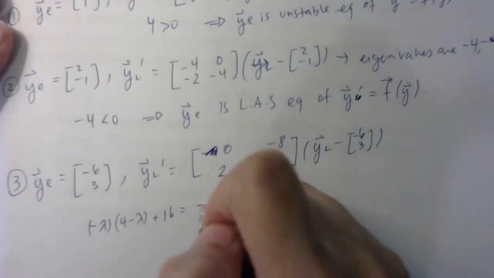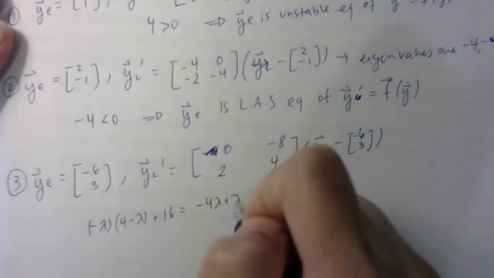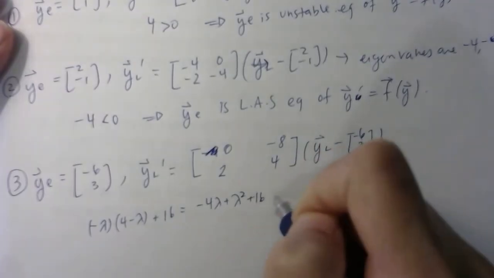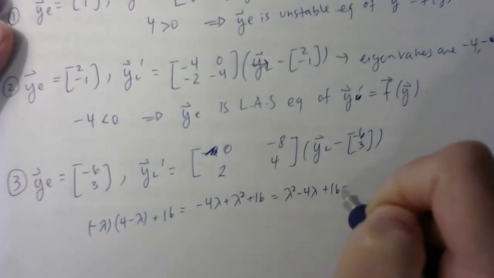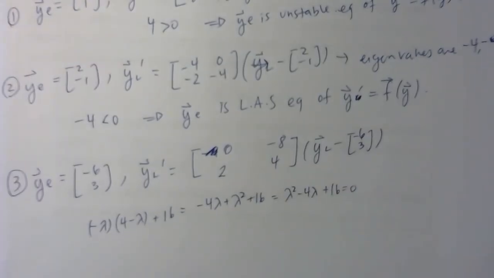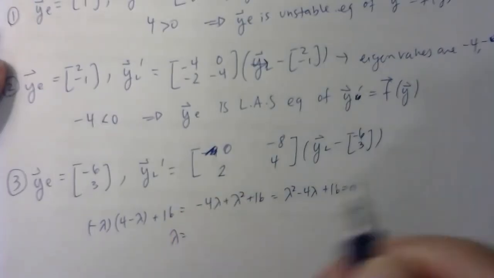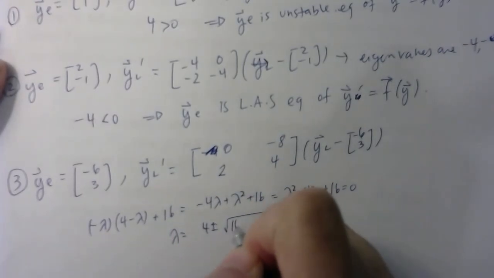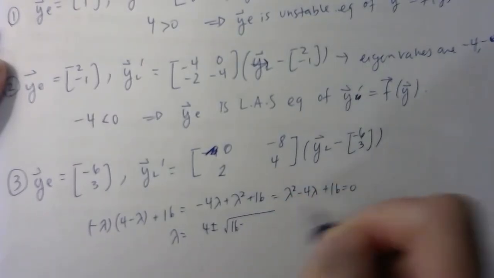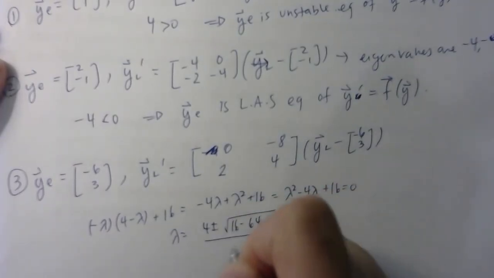So that's minus 4 lambda plus lambda squared plus 16. Is that a factor? I don't think so. Lambda is negative b plus or minus the square root of b squared minus 4 times a times c.